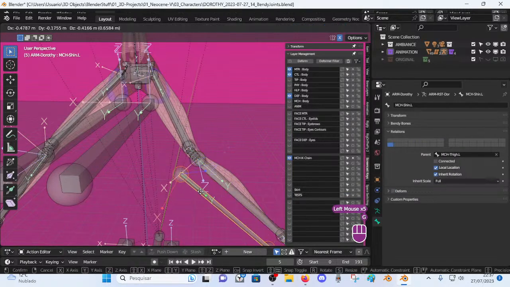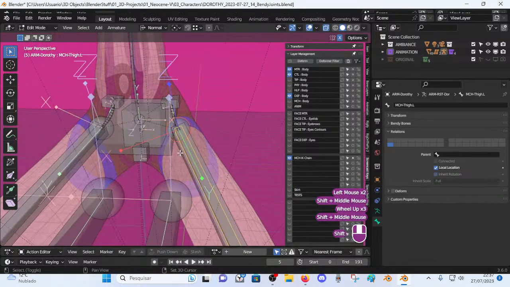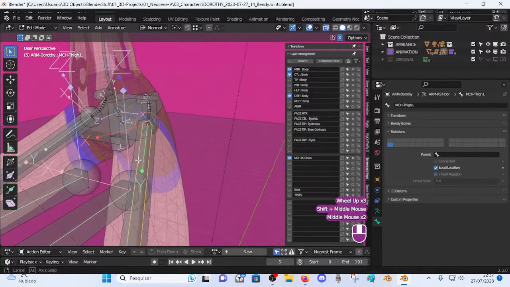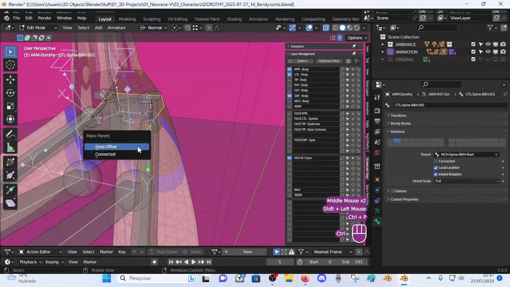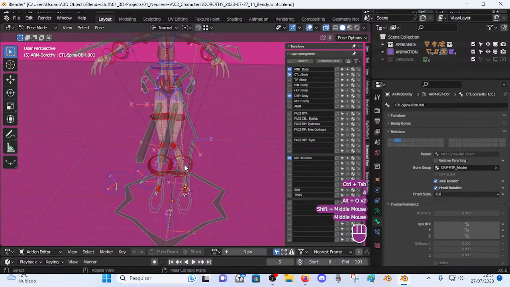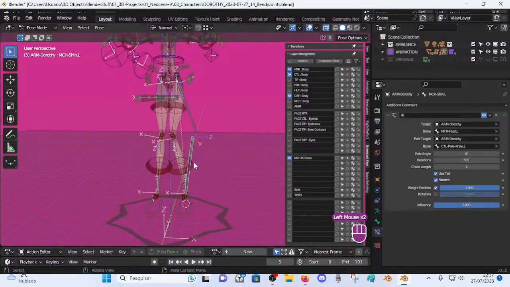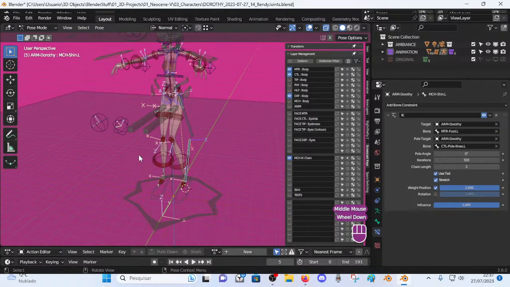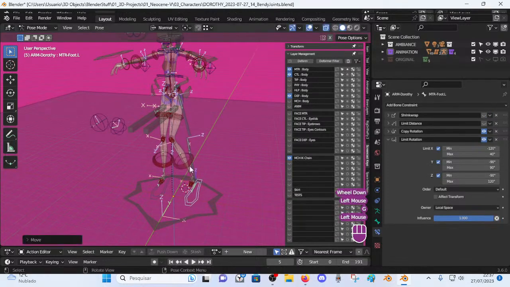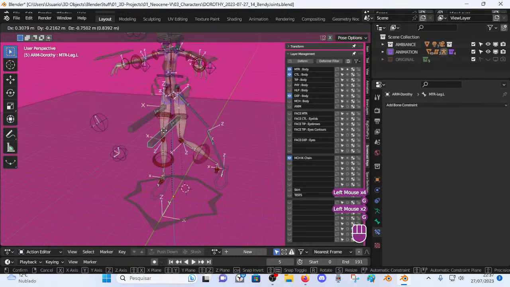Alright, folks, now I believe I can reparent this to that again, and we won't have any trouble. So this was probably, most certainly, why this was failing to work. So let's see, there is a pole target, but now the pole target, okay, we can move that.